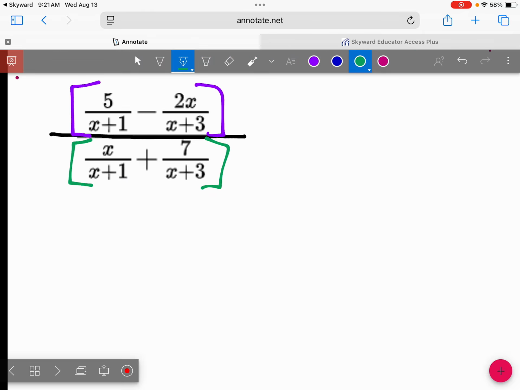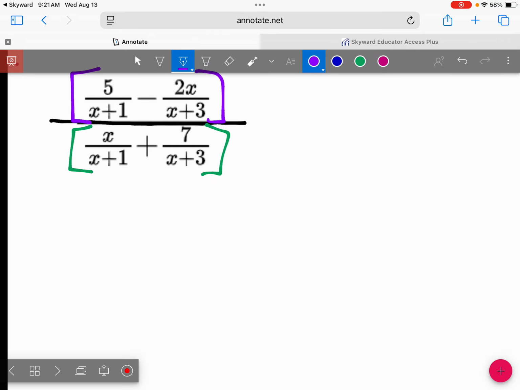So if I take my, I'm going to not put that close to the wall, so I space 5 over x plus 1. And we want to take away 2x over x plus 3. What do I need to do to get this to have a common denominator?